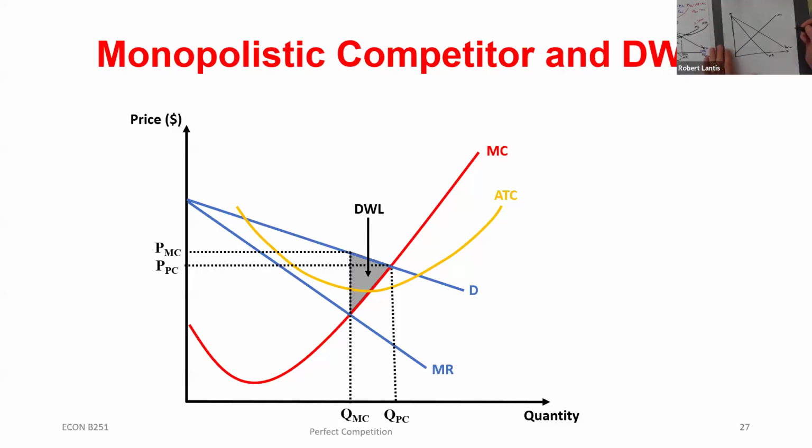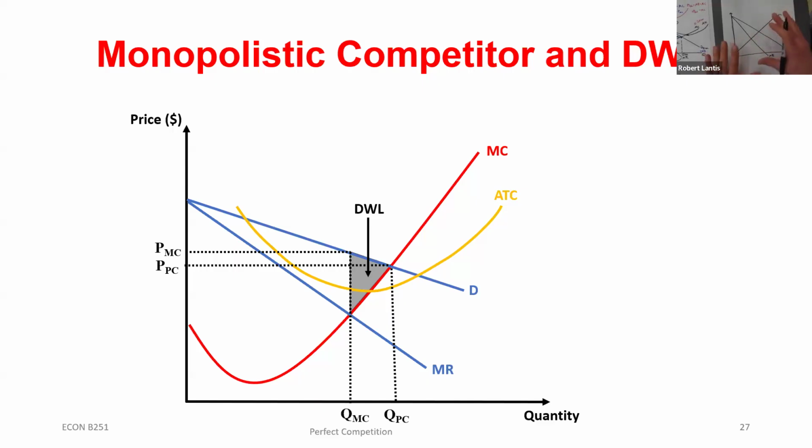Here's the firm's marginal revenue. I just want to focus on the surplus here. So I'm going to leave off average total cost just to simplify it a little bit.